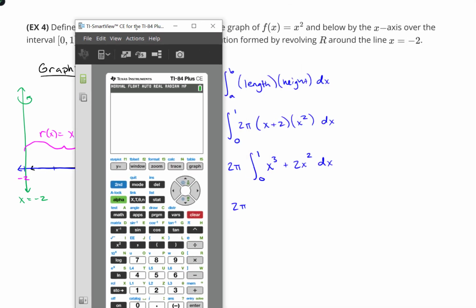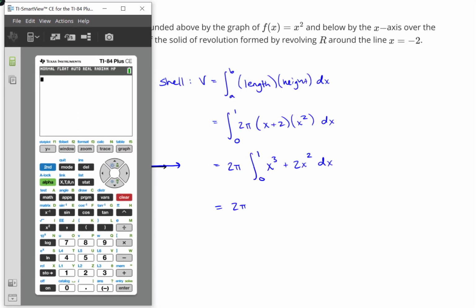So let's see what we get. Integrating from 0 up to 1, x cubed plus 2x squared dx. And changing that into a fraction, we get 11/12.